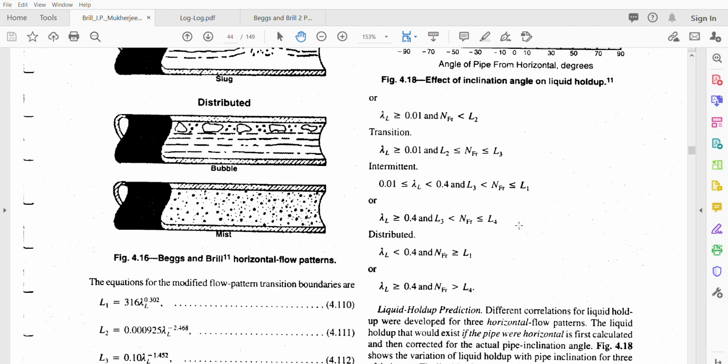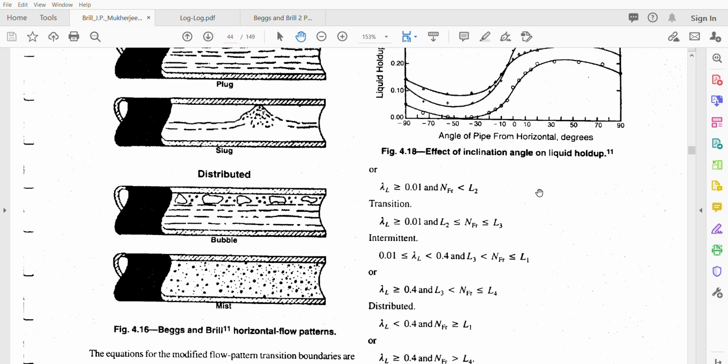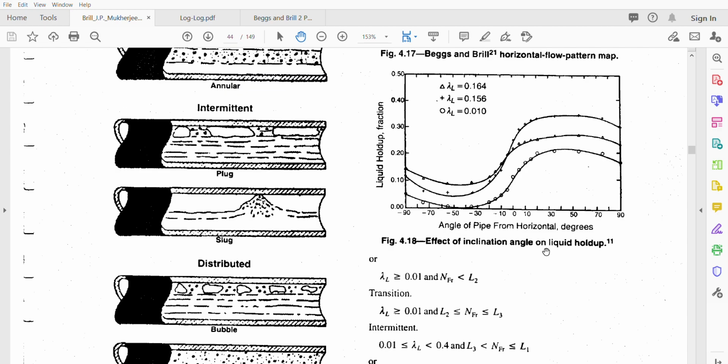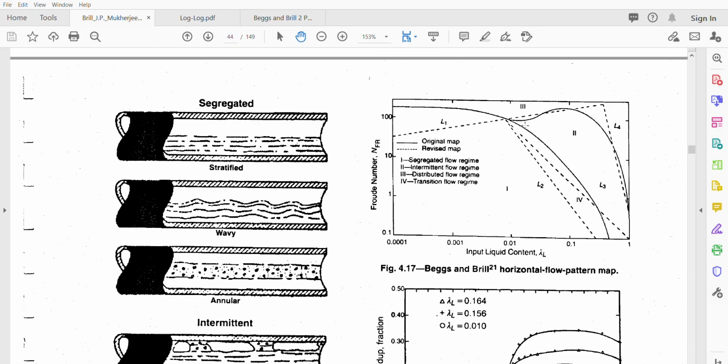And then the third one is intermittent. For the first part, lambda L is between 0.01 and 0.4, so between here and here. This is 0.4 here.